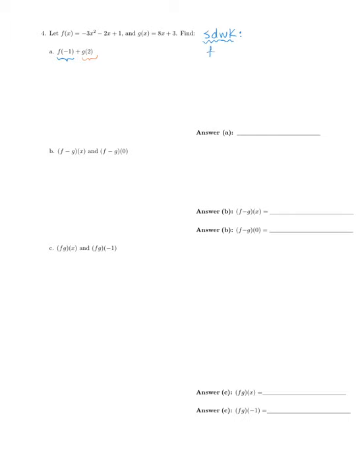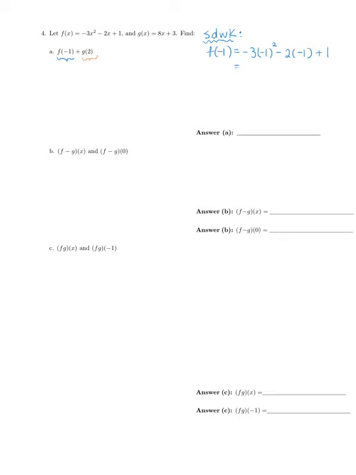Okay, so here, let's first go with f of negative 1. I'm going to be looking at the function f, and I'm going to replace its x with negative 1. So here you're going to have negative 3 times negative 1 squared minus 2 times negative 1 and then plus 1.